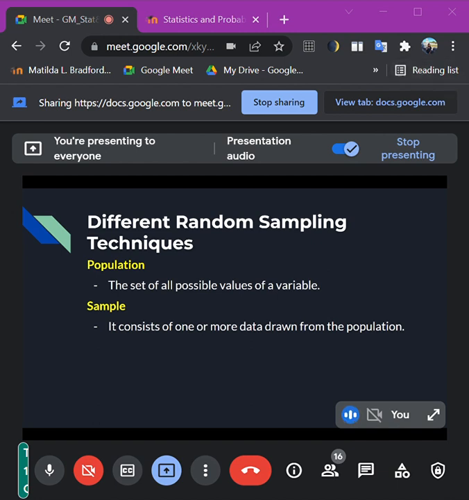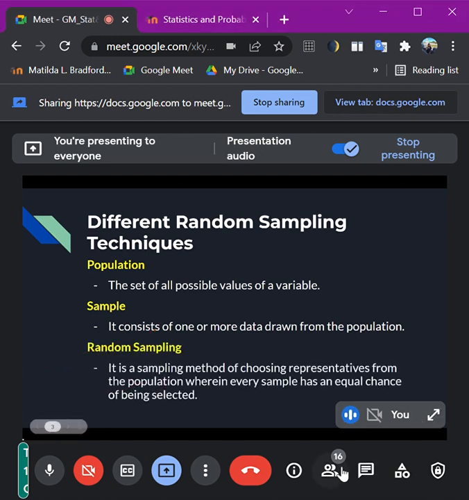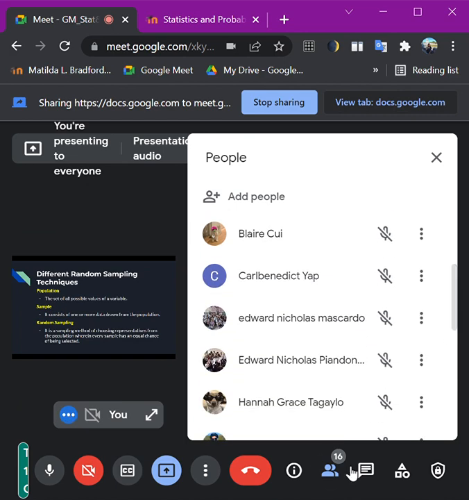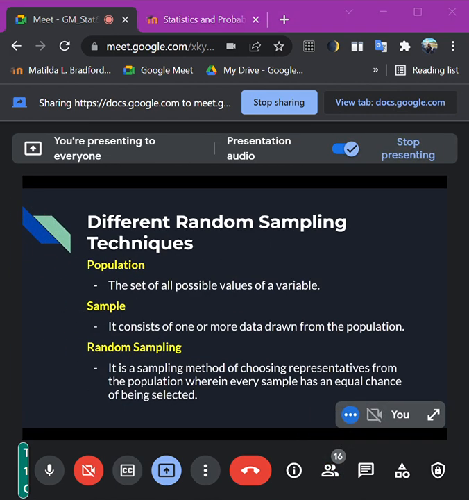And now for our last word, we have here random sampling. Can you please read Tagailo? It is a sampling method of choosing representatives from the population wherein every sample has an equal chance of being selected. Okay, thank you so much.